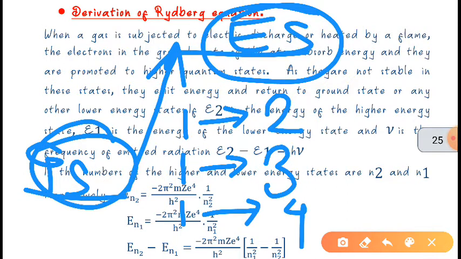So when the electron in the excited state comes back to a lower energy level, it will emit energy.